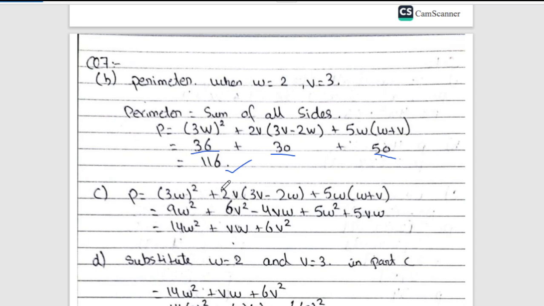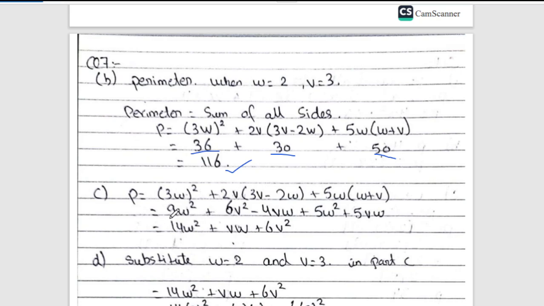So we took the sides in expression form and expanded them. 3 square will be 9, w square will be w square, plus 2v multiplied by 3v will be 6v square, 2v multiplied by minus 2w will be minus 4vw, plus 5w into w will be 5w square, and 5w into v will be 5vw.